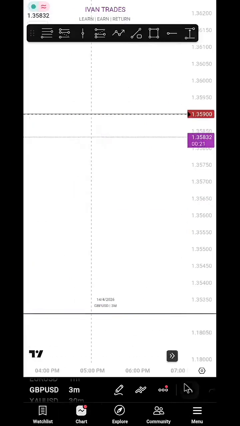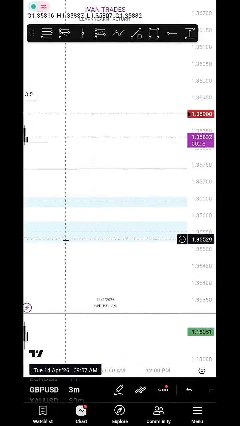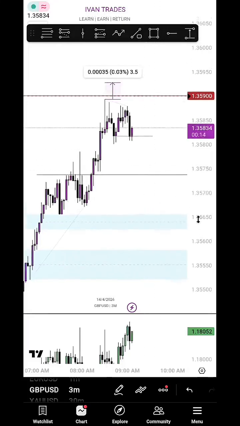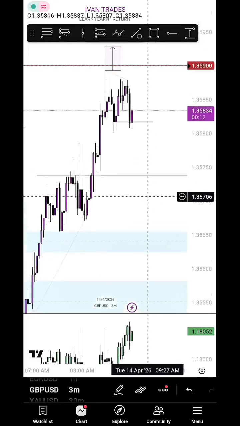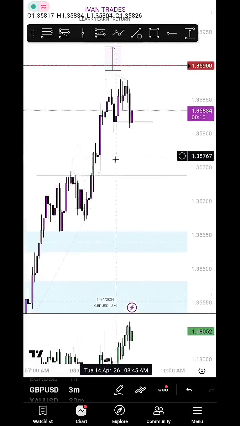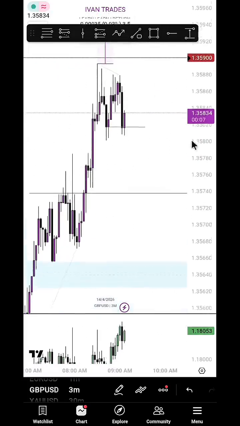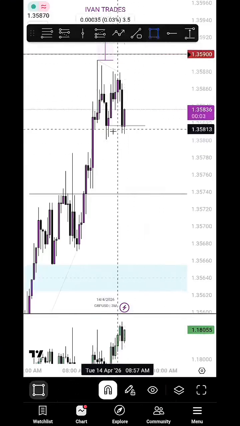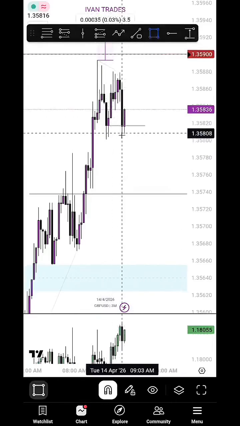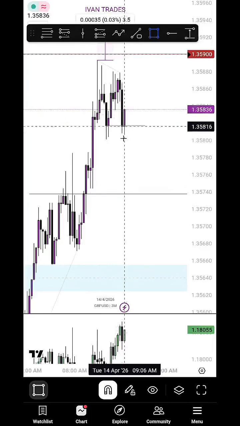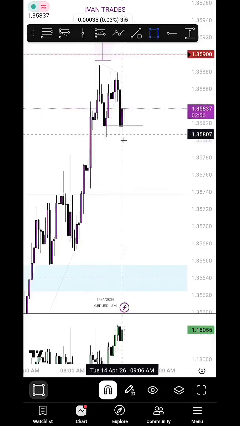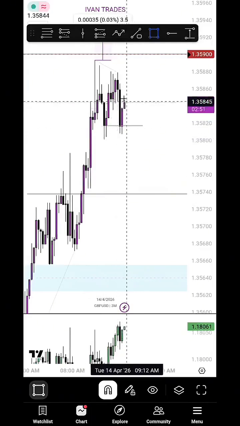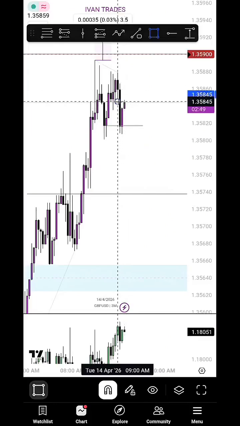The other PDRA is this second BC right there. What did I do? Okay, so if you go back to the lower time frame, then you can see how the equilibrium is this, so you can expect price to draw towards there.